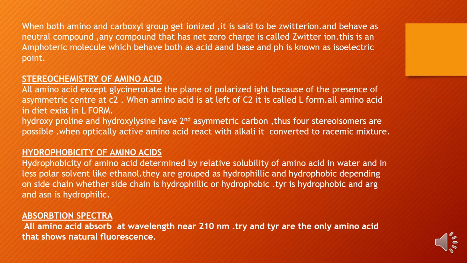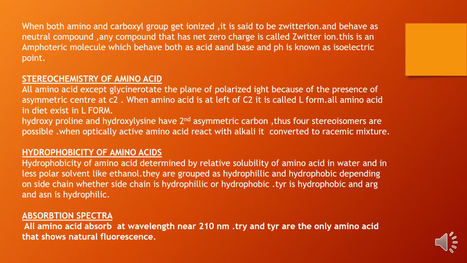What is the stereochemistry of amino acids? All amino acids except glycine rotate the plane of polarized light because of the presence of an asymmetric center at carbon number 2. When the amino group is at the left of C2, it is called the L form.